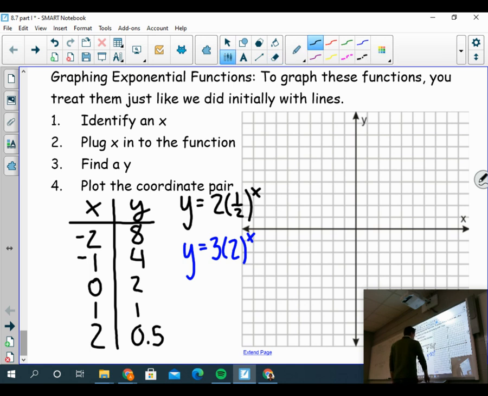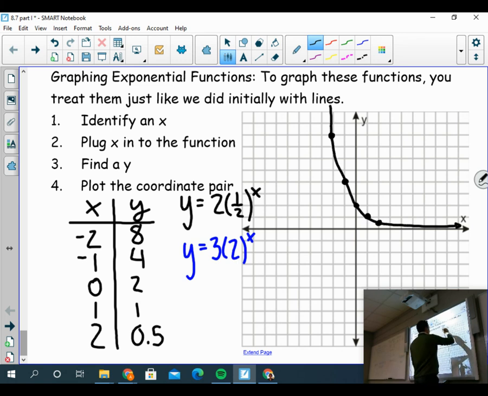And now I'm going to plot them on the graph and connect them with a line here. Again, I think we discussed this in the previous video, but it's worth mentioning. This curve will curve off and will never hit the x-axis.